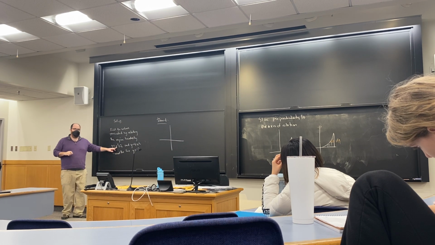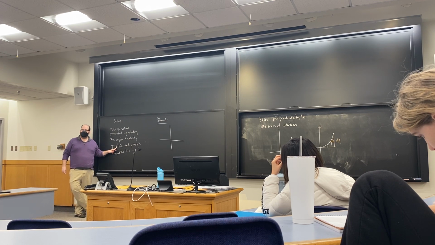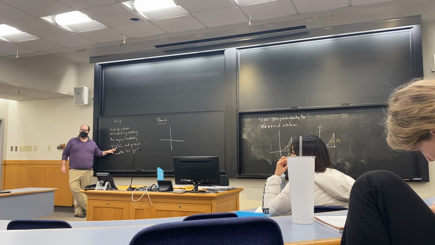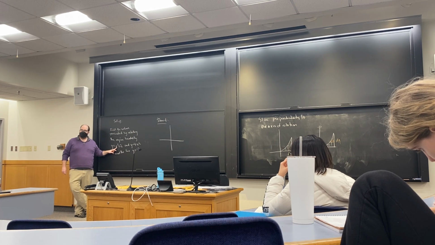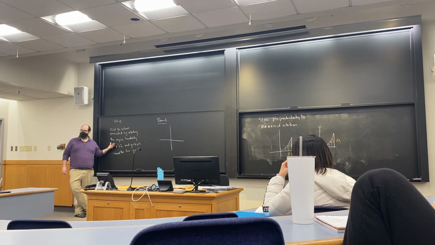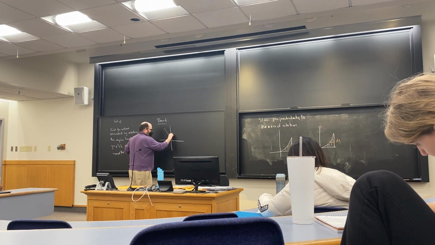So what does this guy look like? The y-intercept is 2, so it starts at 2 above on the y-axis. Is it a smiley or sad parabola? Smiley, it's opening up. So it's a parabola that goes through 0, 2.